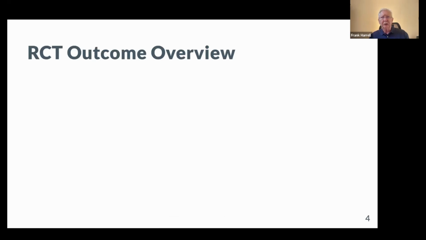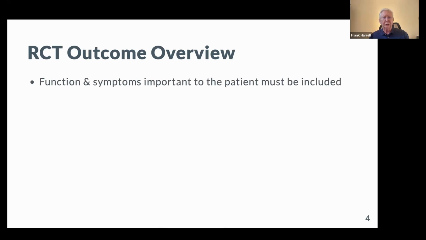Now, in terms of designing randomized clinical trials, what are some aspects of outcomes that you need to take into account? Well, having things that are important to the patient is a growing recognition at regulatory authorities as well as sponsors and academic researchers that we need to be more conscious of what's important to the patient.